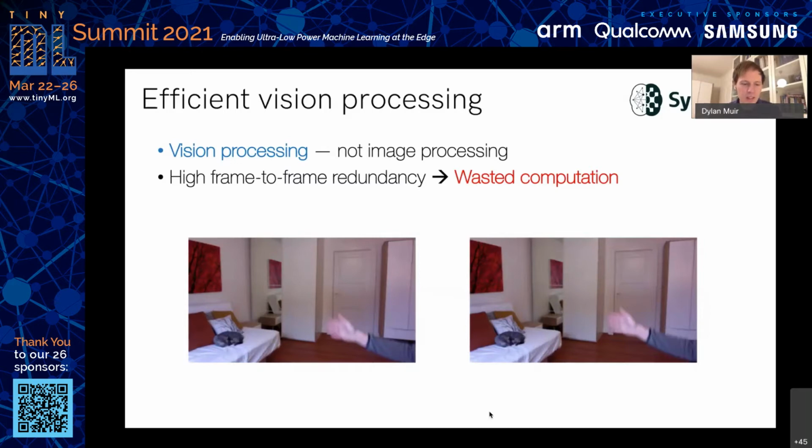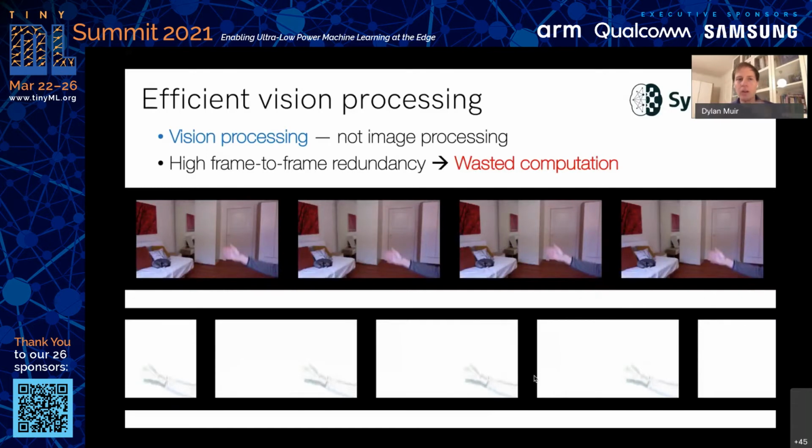Standard image processing pipelines, and standard CNN-based image processing pipelines in particular, are not able to make use of that redundancy. They take each frame independently and have to process the information for each frame again from scratch, even though very little has changed from frame to frame. So how can we make vision processing more efficient?